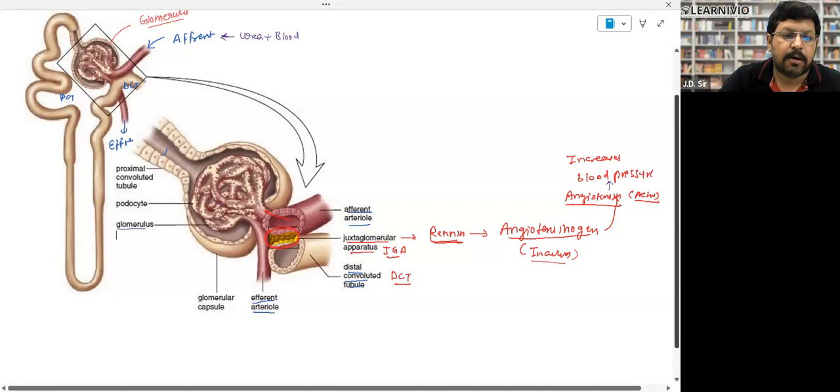Look, renin is secreted in children only. This is a digestive enzyme which is secreted in children. When we grow up and become adults, in adults and old age people, it is not secreted. It is secreted at young age and childhood.